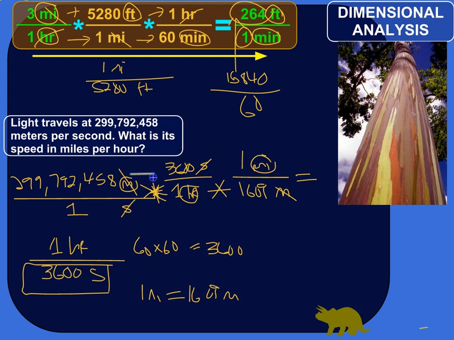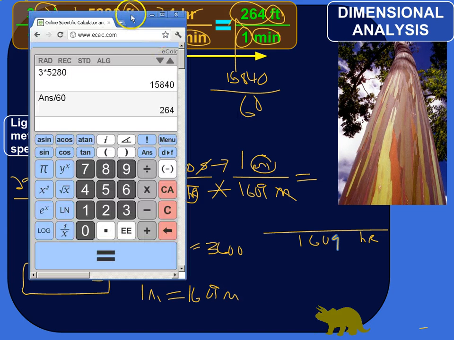Now I multiply straight across the top and straight across the bottom. So I'm just going to do the bottom first. 1 times 1 times 1,609 is 1,609. Okay, now the doozy. Grab the calculator.